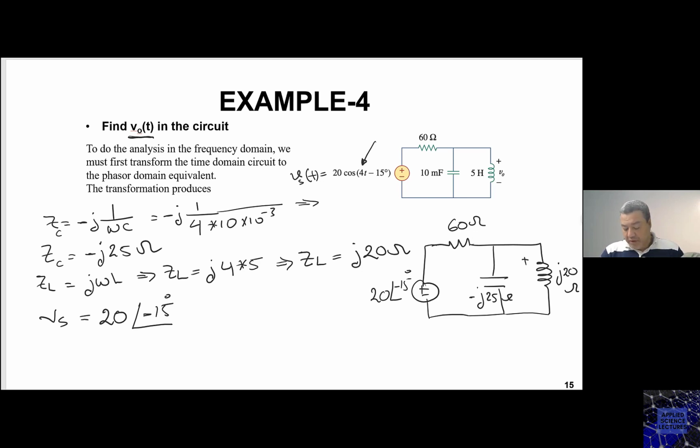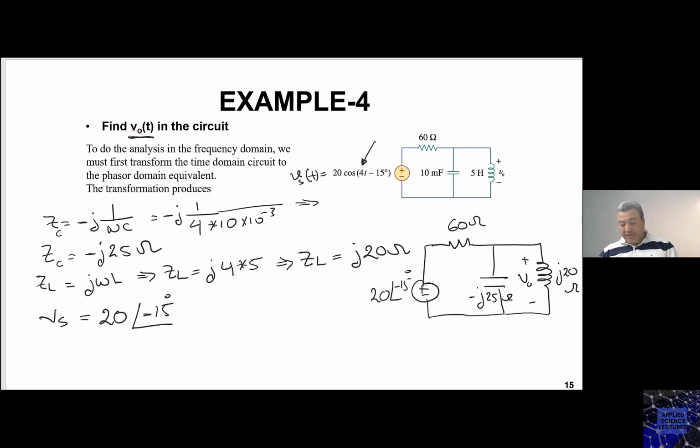So now if I am to redraw the circuit again, V naught, capital V of course, naught, is here, in this case the voltage across the inductor, which is also the same voltage across the capacitor, right? Because both of them are in parallel. So how do we calculate it?